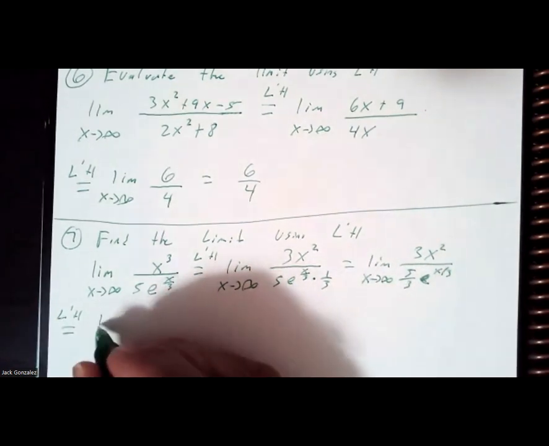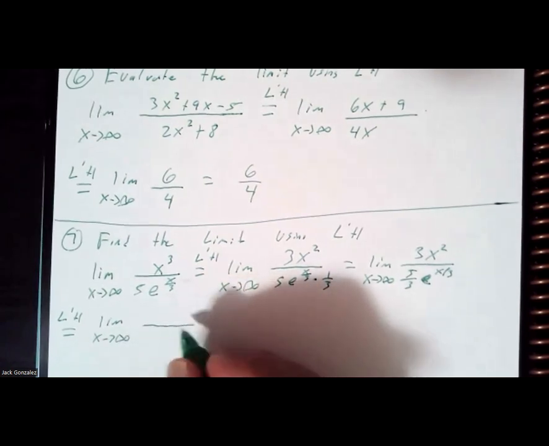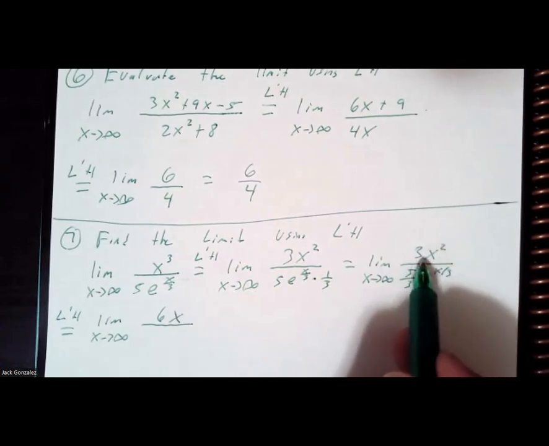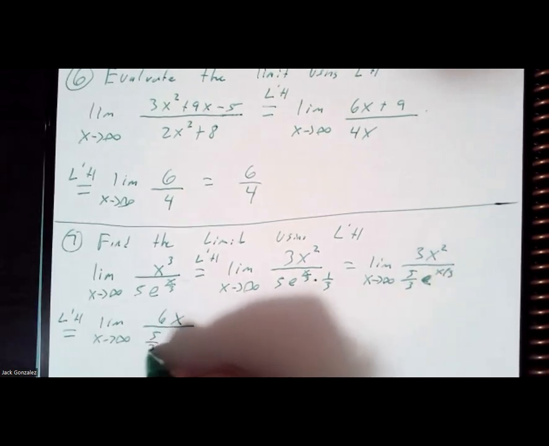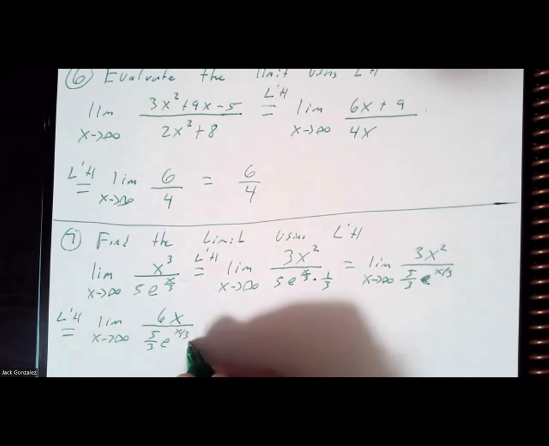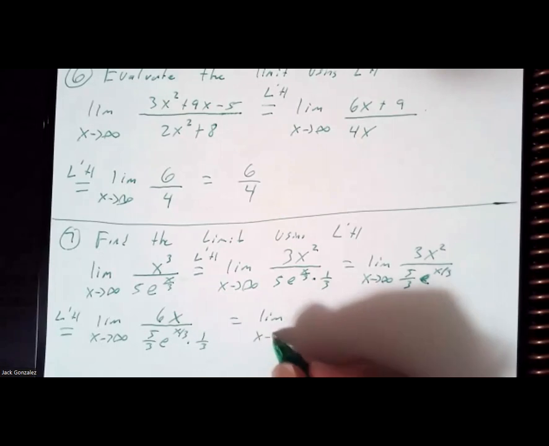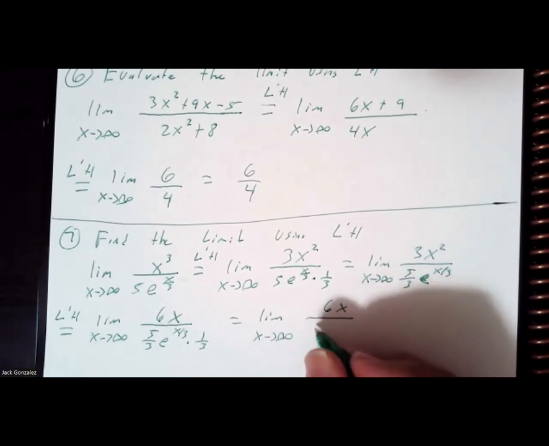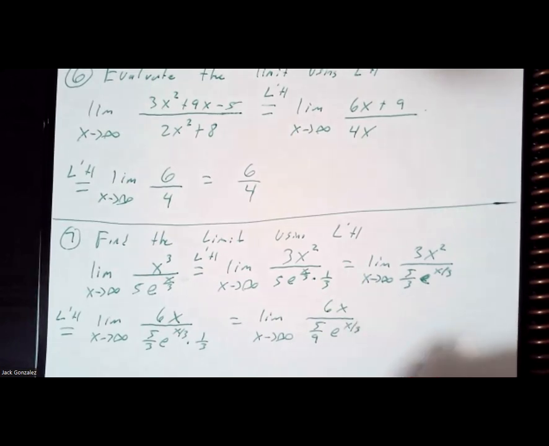So let's show our work. It's going to be 6x for another derivative, right? Bring down the 2. 2 times 3 is 6, subtract 1. This will be the same thing times another third. That'll be 5 over 9 e to the x over 3.